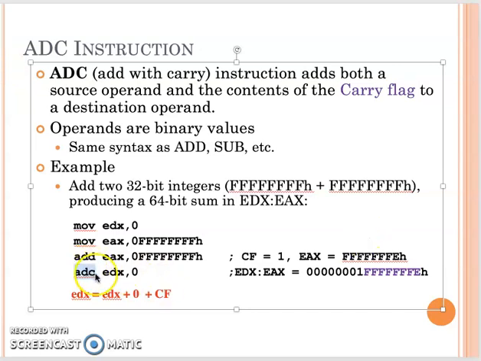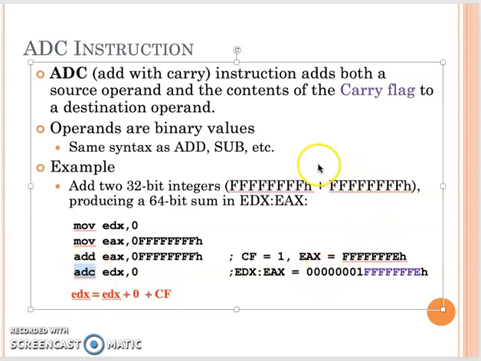We use the ADC instruction when, for example, we have a very, very big value, so we need multiple 32-bit operands. Because in a 32-bit environment we can only process 32 bits at a time, right? So for the lowest 32 bits we use the ADD instruction.